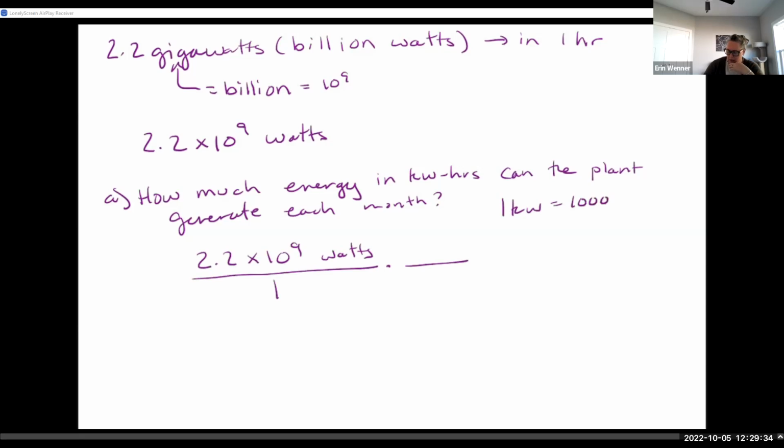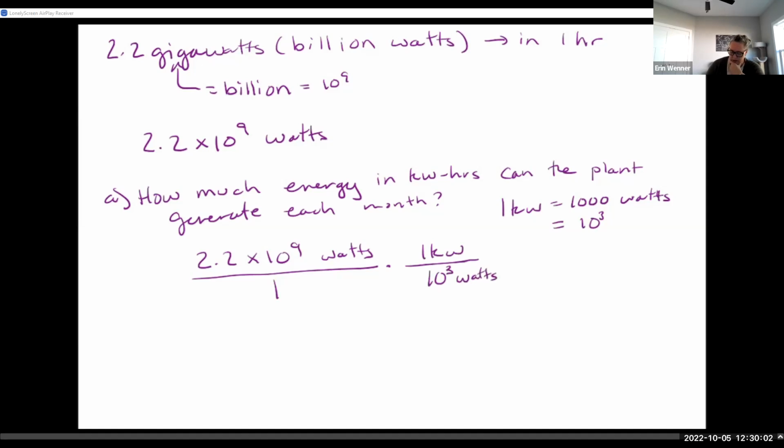But because we're dealing with 10 to the 9th already, this is going to make your life a lot easier by, instead of doing 1,000, we do 10 to the 3rd. Because having those powers of 10 allows us to cancel those exponents out more easily. So we're going to do 1 kilowatt over 10 to the 3rd watts.